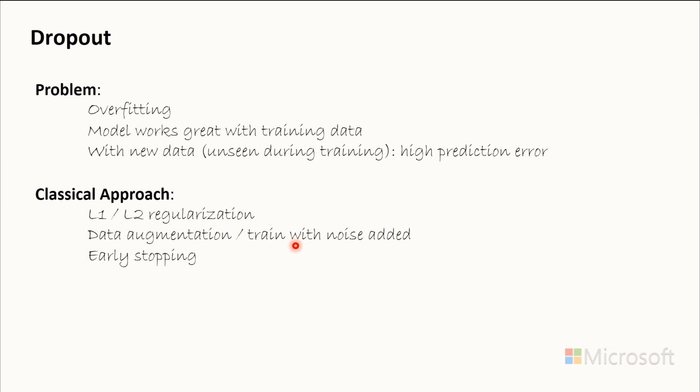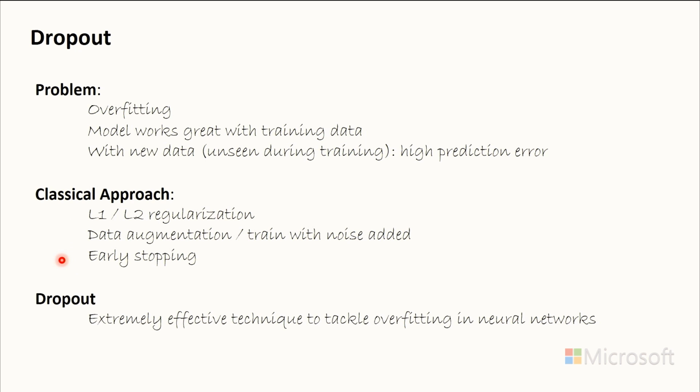Early stopping is another technique that is often used in machine learning. If you are not familiar with these techniques, I recommend that you go back to your machine learning course to get a refresher on these topics. In this one, we will talk about dropout, which is extremely effective to tackle overfitting in neural networks.